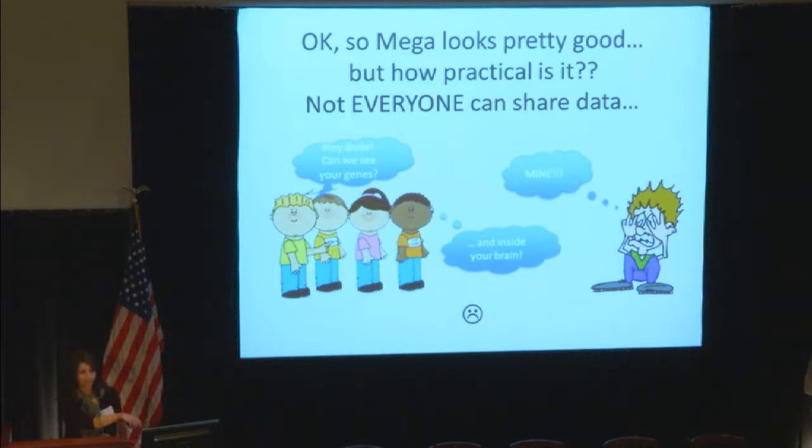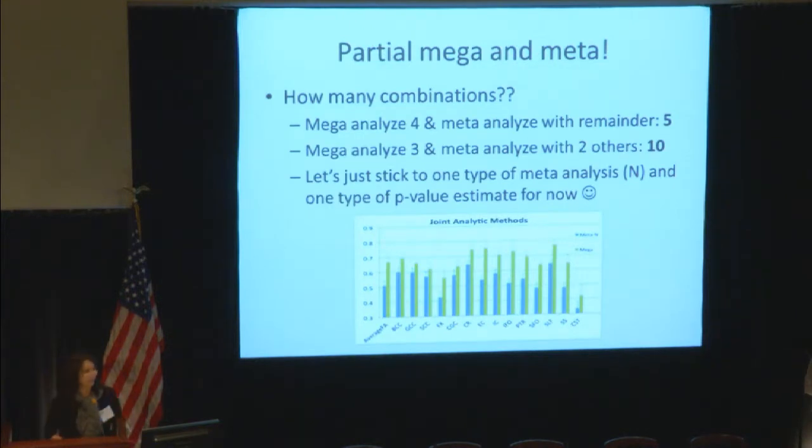But how practical is mega-analysis? Not everyone is going to give you all their data and all the genetic data, so you can see their genes in their brain. So we performed one more analysis, to see what happens if you combine the data in different ways.